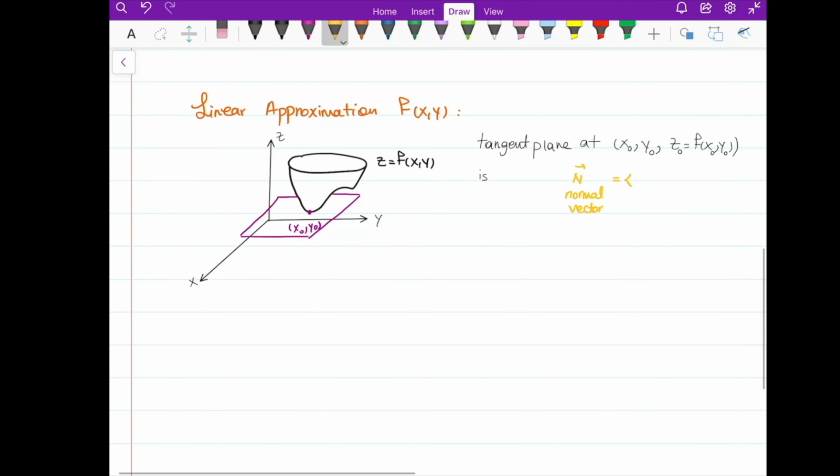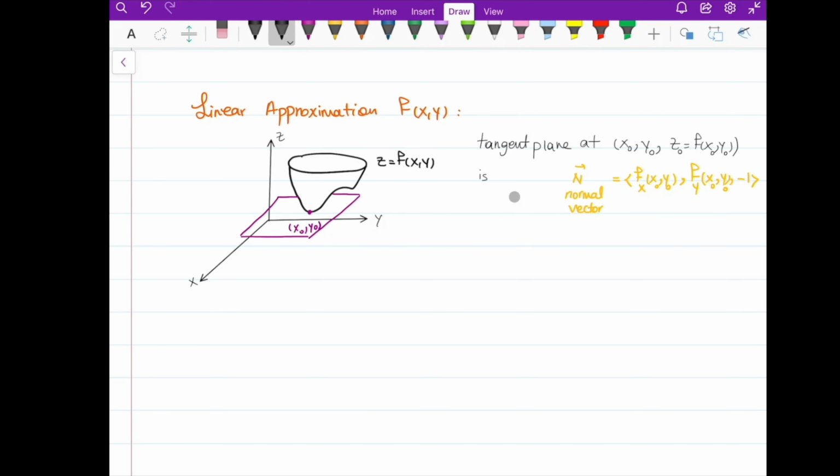The first coordinate would be the partial derivative of the function with respect to x at the given point x0 and y0. The second coordinate would be the partial derivative with respect to y at the given point x0, y0, and then the third coordinate is -1.